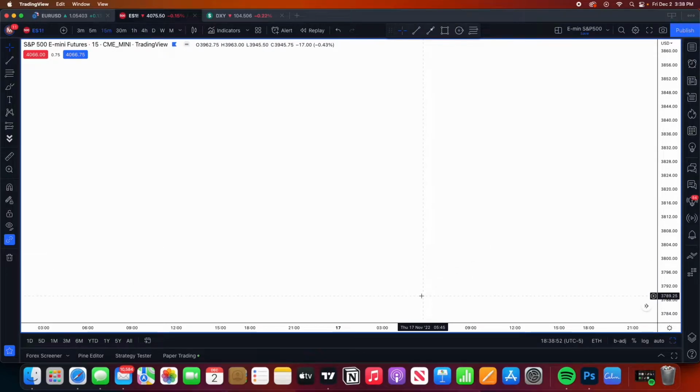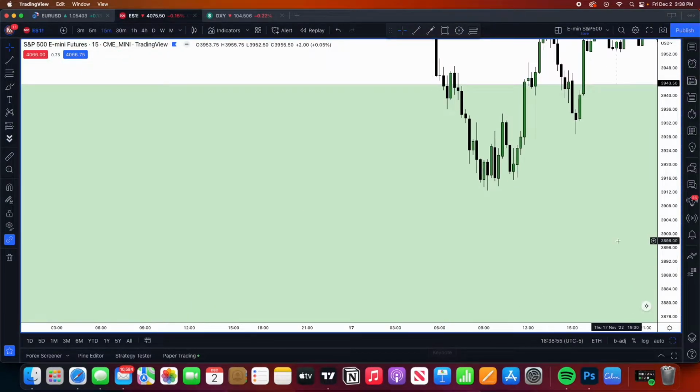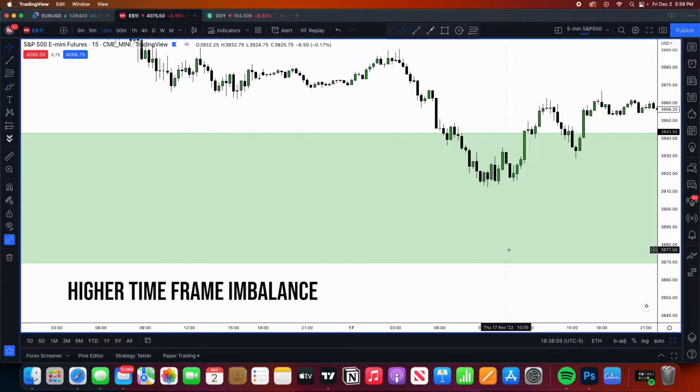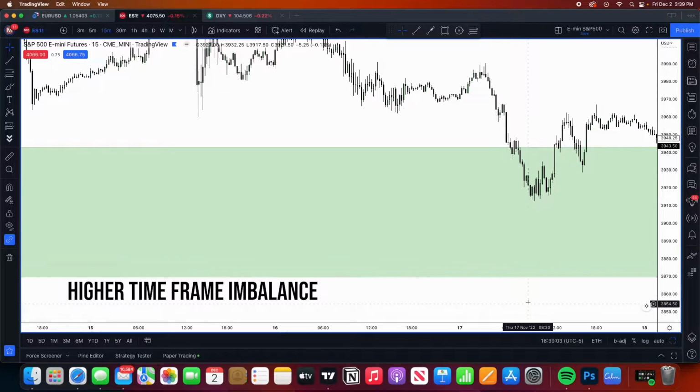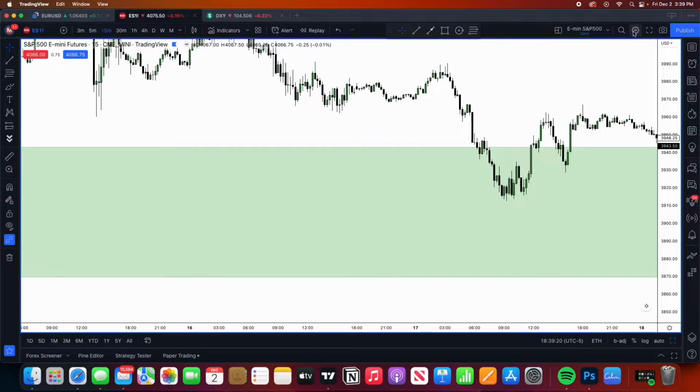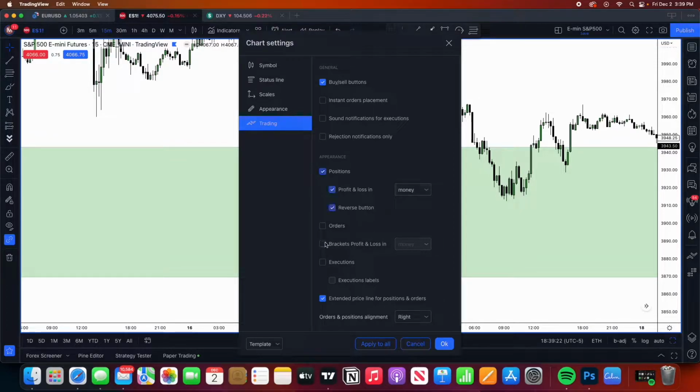On the 17th, we had price run up back into this level, which we know on the daily time frame is a fair value gap, or again, called an imbalance. And so we are looking for short-term highs and short-term lows of the day.